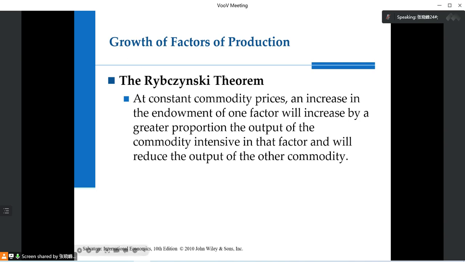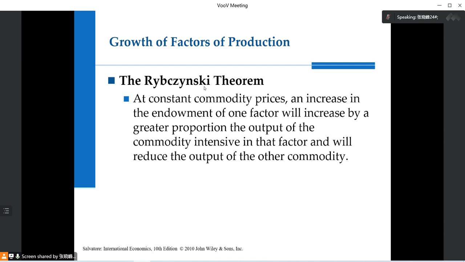The Rybczynski theorem. At constant commodity prices, an increase in the endowment of one factor will increase by a greater proportion the output of the commodity intensive in that factor, and will reduce the output of the other commodity.